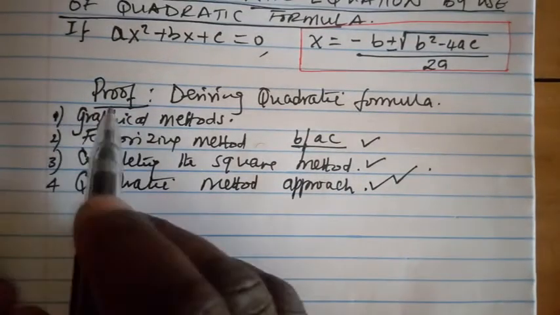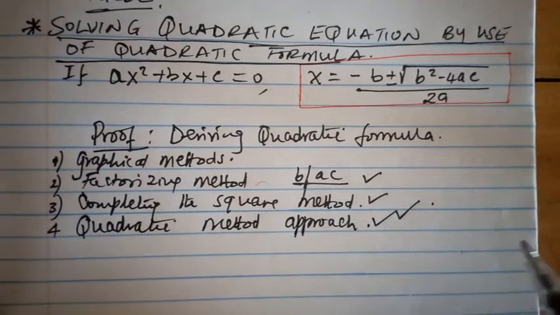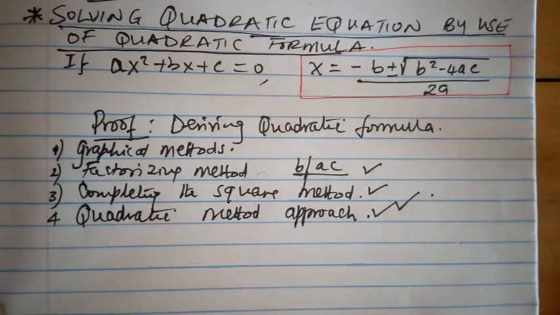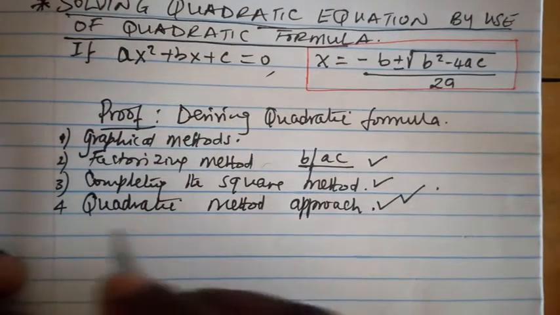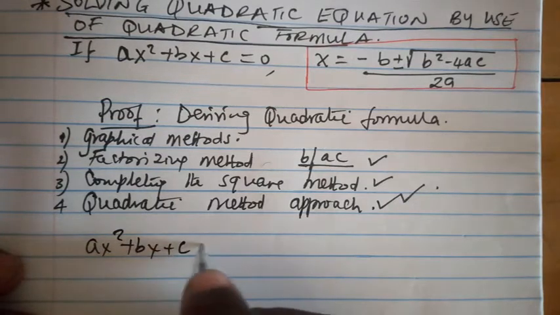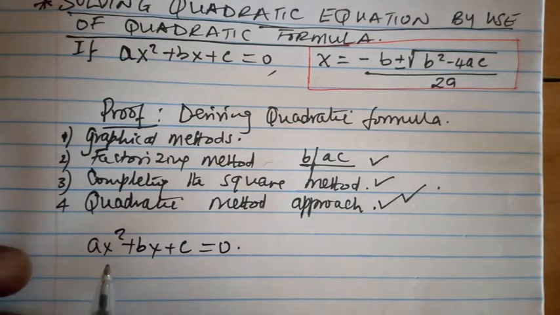I want to start by deriving the quadratic formula, or proving the quadratic formula. Though it is not important, I think it is critical for any mathematician to learn how it comes about. Anytime you have ax squared plus bx plus c is equal to 0, we are going to derive this by completing the square.